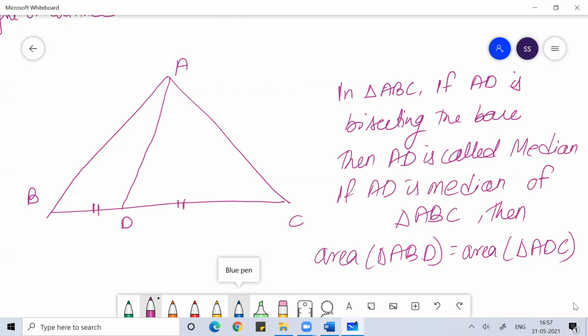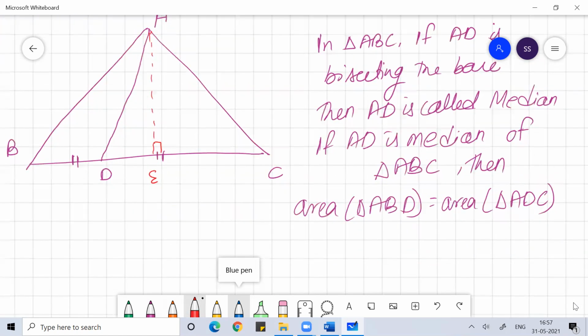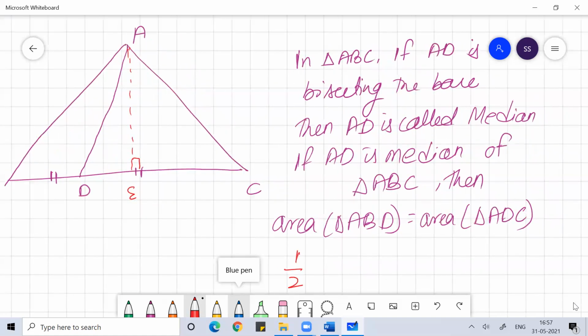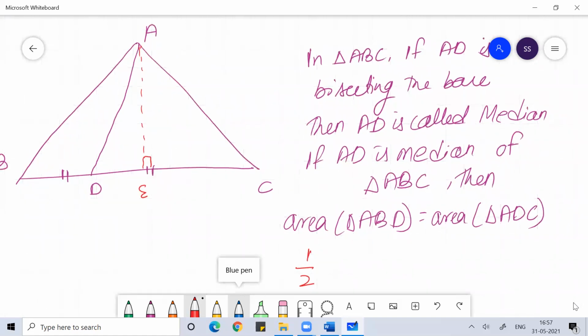How will you prove this? Very simple: draw an altitude from A. Will we use the Pythagoras theorem? No, very simple. You have to apply the area formula. So you know the area of triangle ABD will be half into base BD into height. Yes, sir, correct.